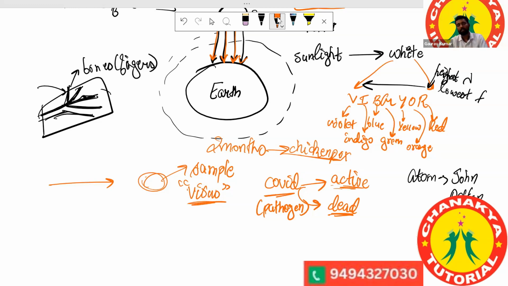So it is said that chickenpox happens only once or twice. It won't happen more than that because the blood has developed some kind of immunity.